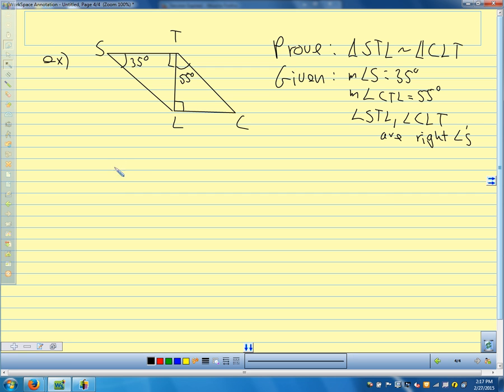All right, we'll do a 2-column. We're not going to rewrite all of our givens. We can use all of those.